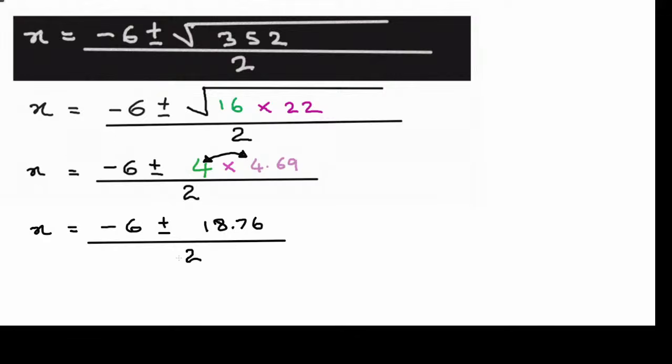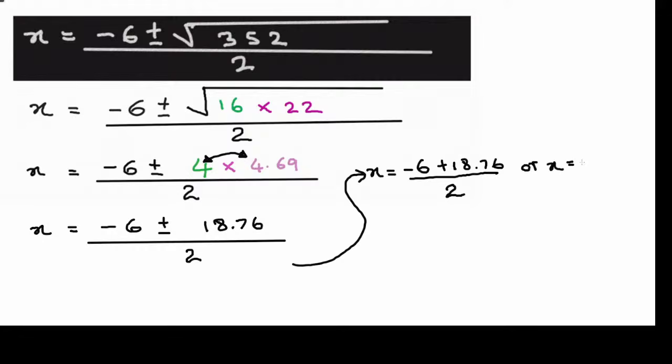Now let's split it. So x is equal to minus 6 plus 18.76 divided by 2, or else x equals minus 6 minus 18.76 divided by 2.